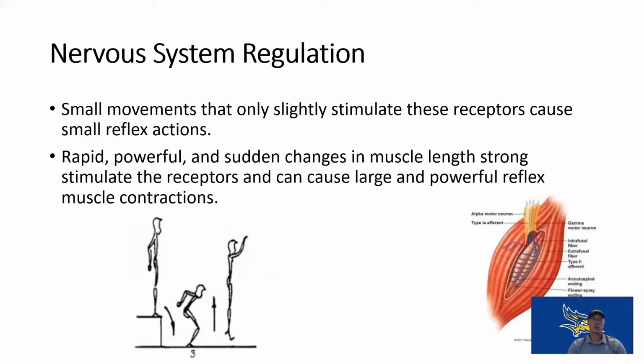So if you're doing some very fast motions and you feel your muscle just reflexively turn on and rebound you back, or if you're doing something like a depth jump where you drop off of something, maybe you jump off a curb and then you try to jump up in the air, that will cause your muscles to reflexively turn on faster than you could do consciously. So it's useful for powerful contractions, but if we're trying to increase range of motion, this is really going to restrict it. So that's one of the problems with more ballistic stretching activities that we'll talk about later.